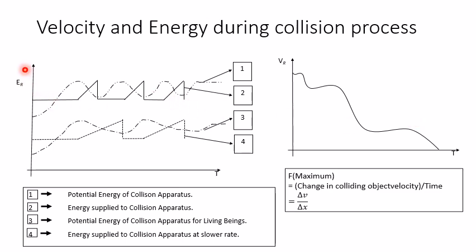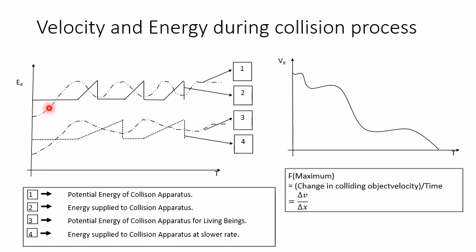This is the energy representation of the collision apparatus. The dotted lines show the potential energy of the system, collision apparatus system.